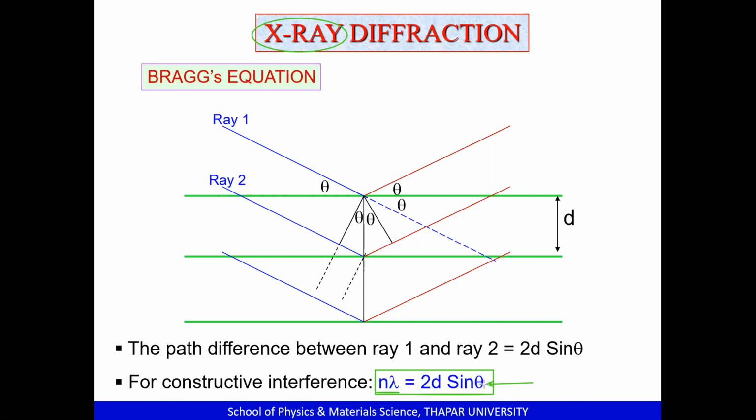Since we are running out of time, I am not discussing how from the sine theta you will be able to tell the structure of the solid. This we will do in tomorrow's class. So for the time being, we are closing our discussion, and in tomorrow's class, we will continue from Bragg's law, how one can measure or identify the unknown crystal structure of the material.